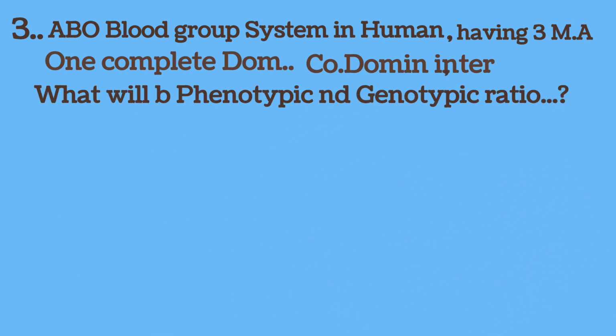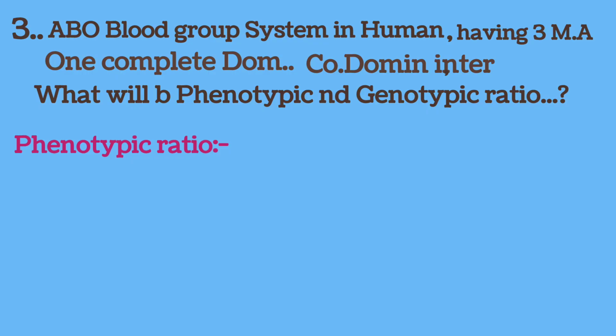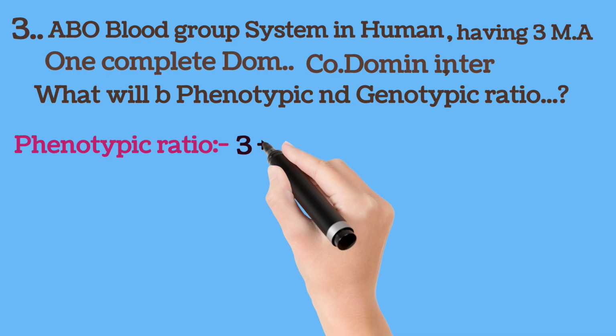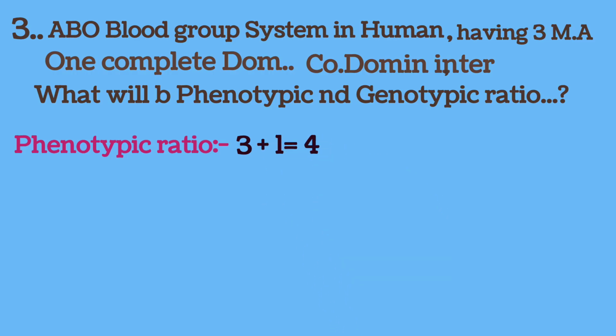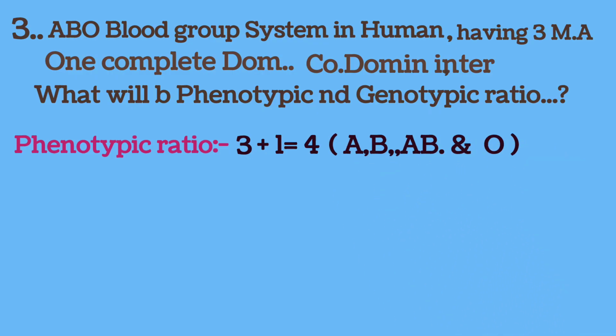It is very simple to understand now. To calculate the phenotypic ratio, we can use formula number two because here 1 gene interaction is present in the form of codominance. So we can write total multiple alleles 3 plus 1 gene interaction. It will give rise to 4 phenotypes. You know 4 phenotypes in the ABO blood group: A, B, AB and O.